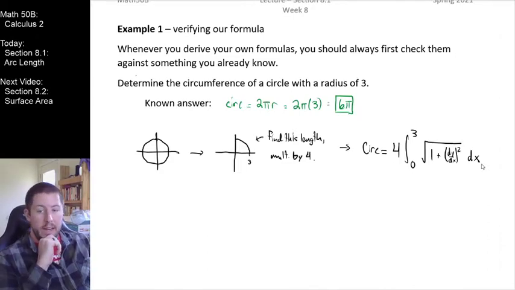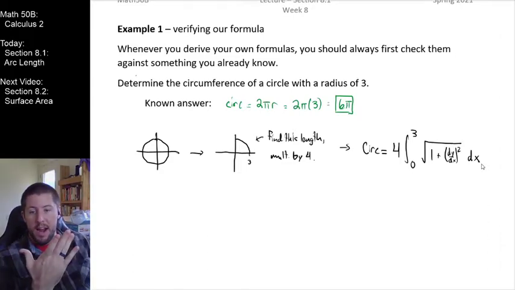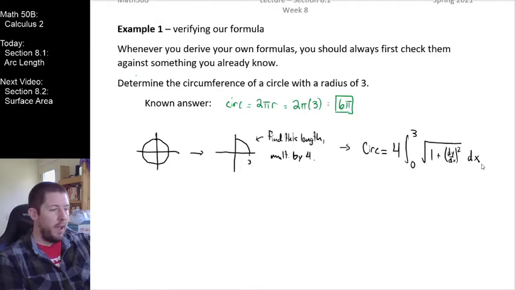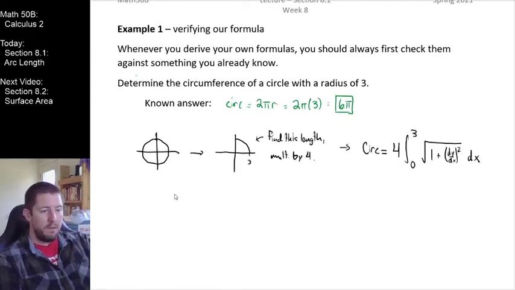So it looks like what we need is a dy dx, and if I need dy dx, that means that I need y, right? And so our circle equation is x squared plus y squared equals 3 squared.